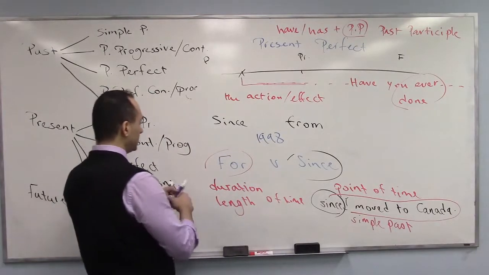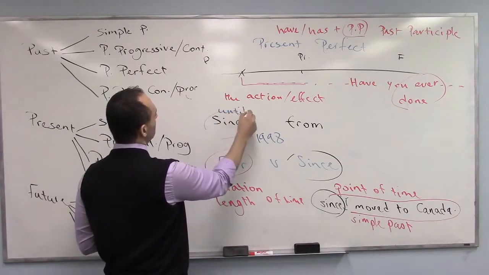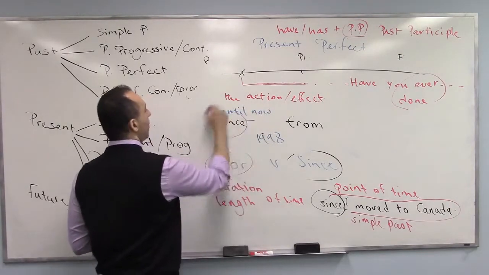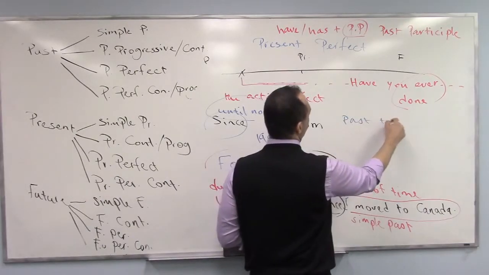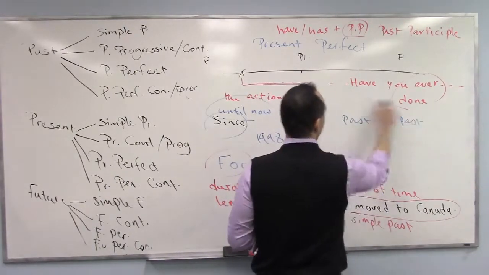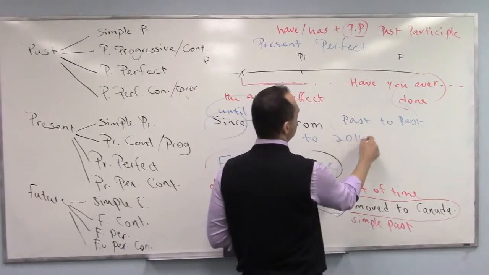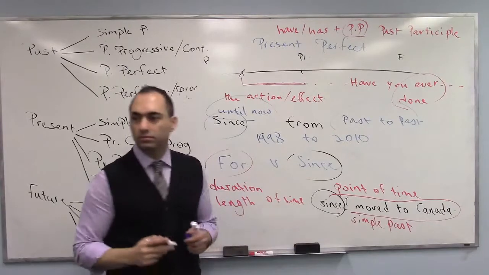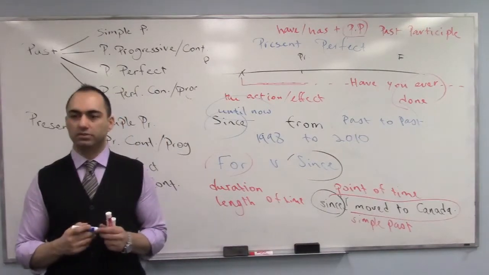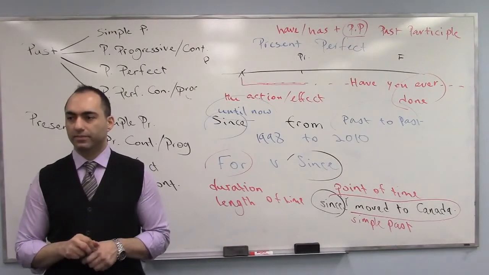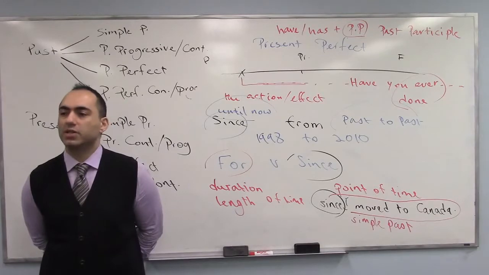Since always means until now. Always until now. From is not like that. From past to past. From 1998 to 2010. From last July to June of this year. From 1998 to 2003.